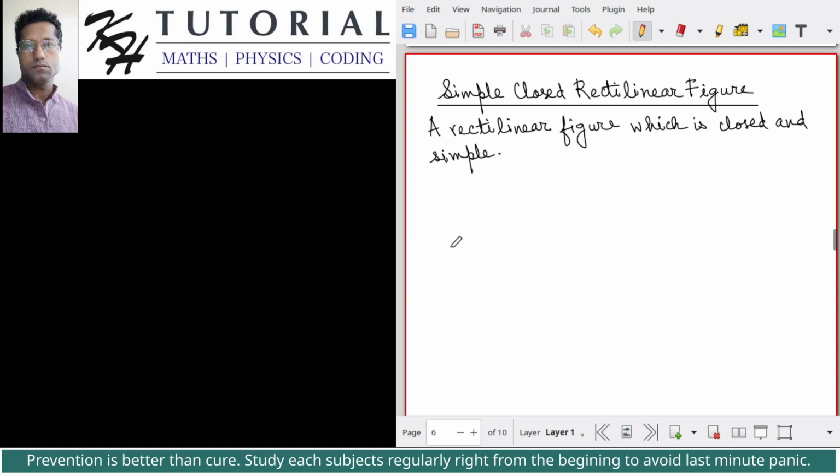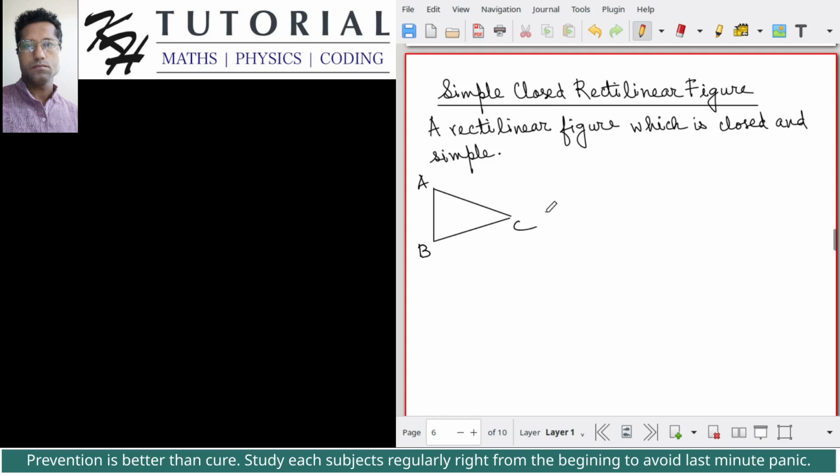Okay. So some examples of simple closed rectilinear figures are, let's say I am drawing a simple closed rectilinear figure by drawing the line segments separately. So let's say AB is one line segment, and BC, basically, so this is a triangle ABC. So this is a simple closed rectilinear figure.